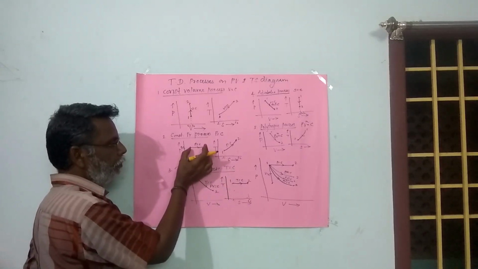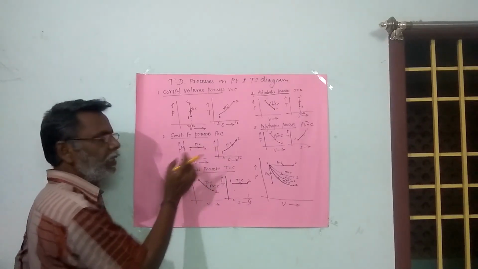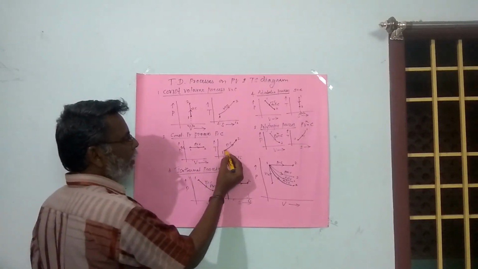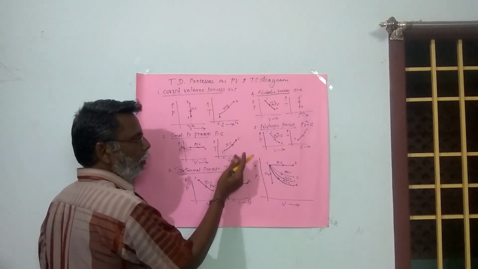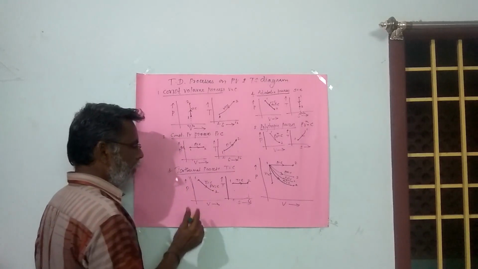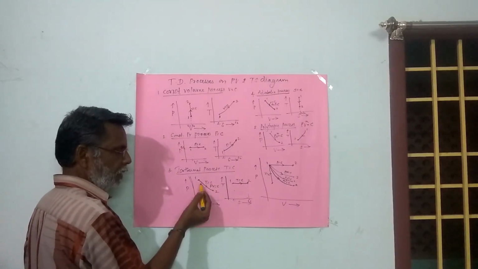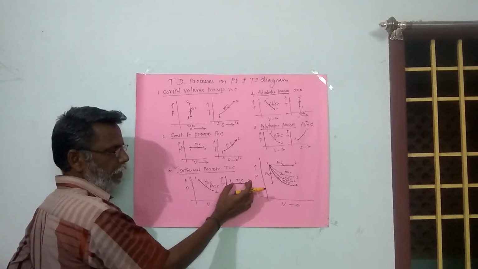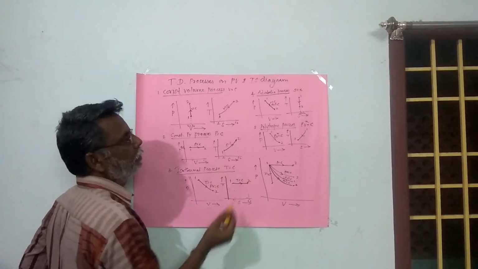From the area under this horizontal straight line, we can calculate the work done. Similarly, here the area under this curve 1 to 2 gives you the heat transfer. Similarly, for the isothermal process, the area under this curve on the PV diagram will give you the work done. Similarly, the area under this curve 1 to 2 will give you the heat transfer.